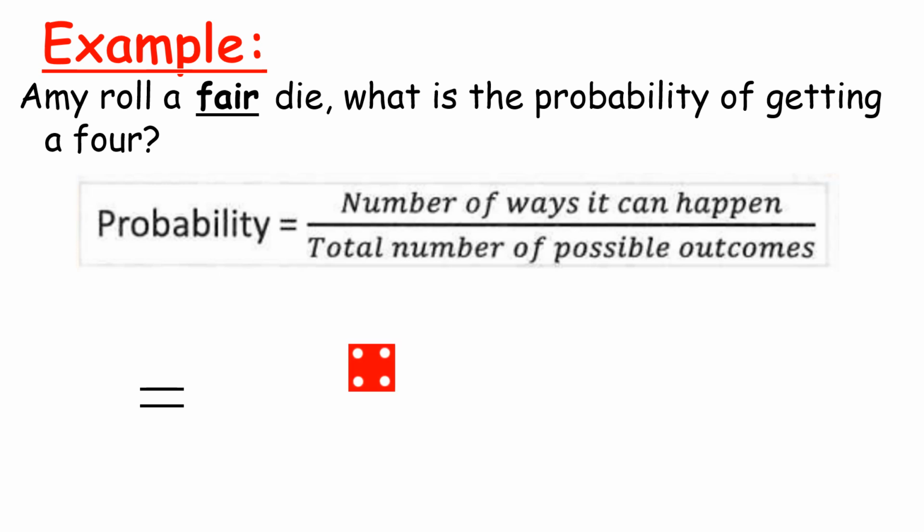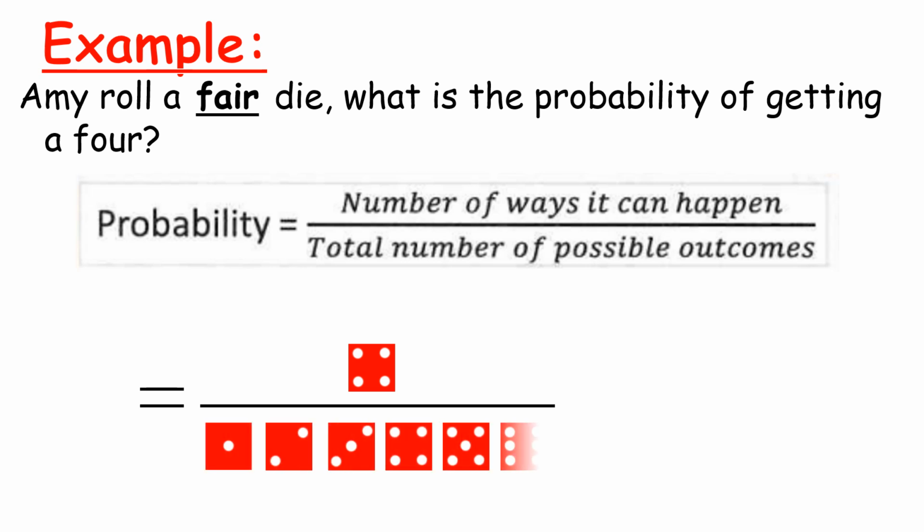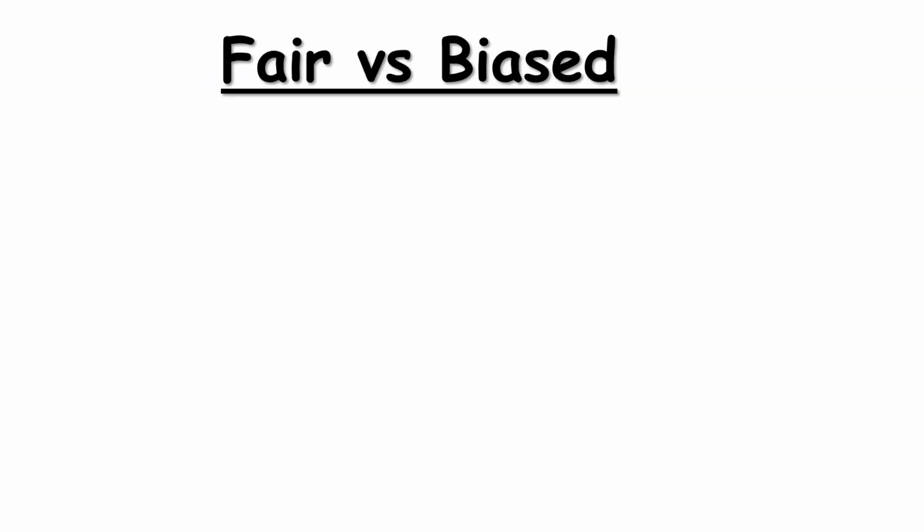And what are all the possible outcomes that we could get when we roll a die? We could get a 1, a 2, a 3, a 4, a 5, or a 6. So the probability of getting a 4 when we roll a fair die is 1, the outcome we want, over 6 possible outcomes that can happen.